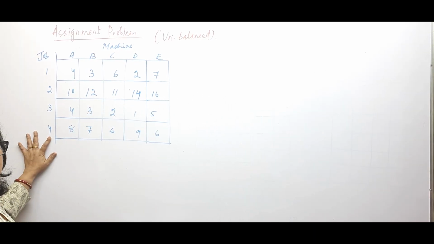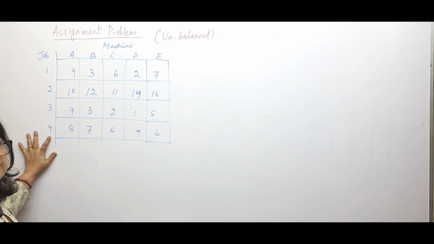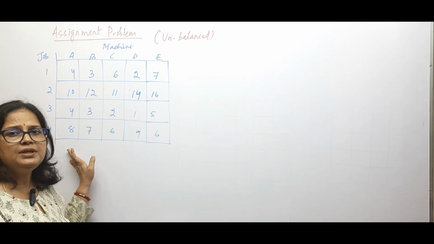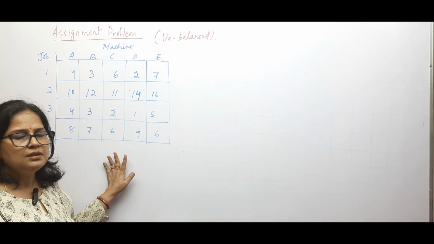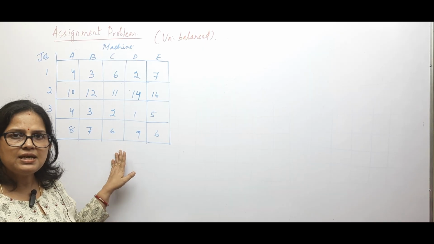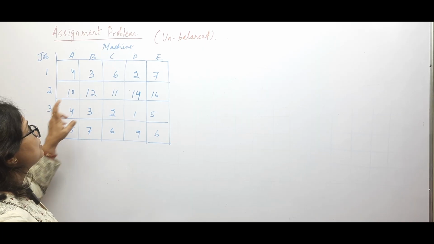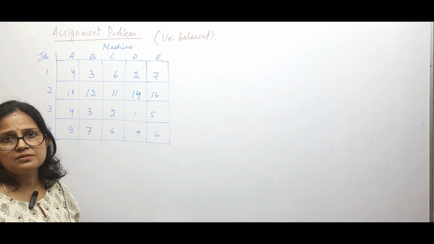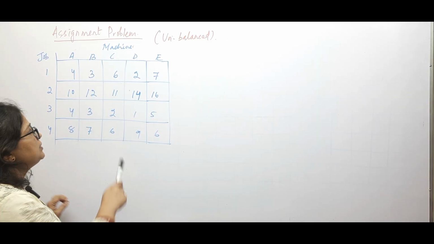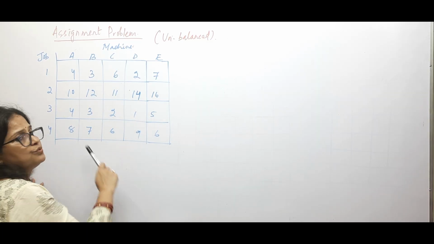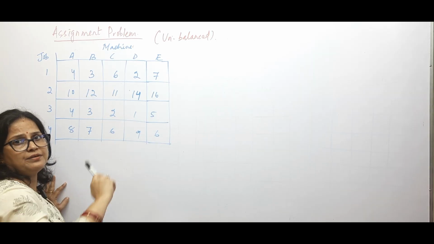If you see, the first rule for our assignment problem is that the number of rows will equal the number of columns. As this is an unbalanced case, the number of rows is not equal to the number of columns. The number of rows is 4 and the number of columns is 5.